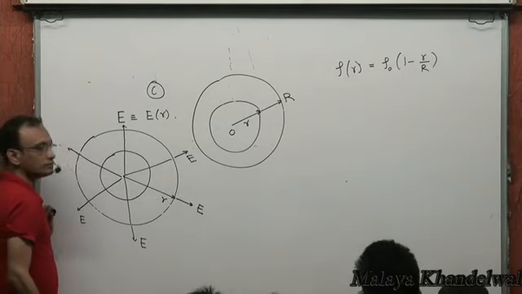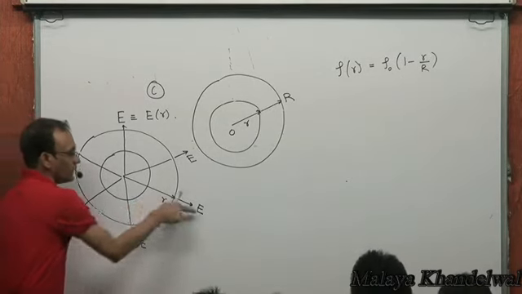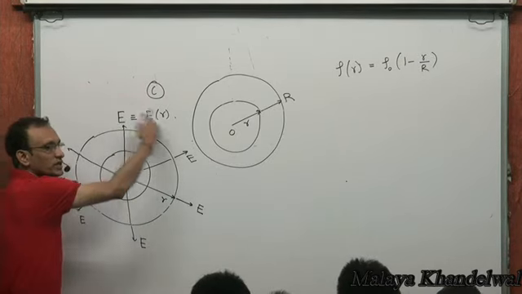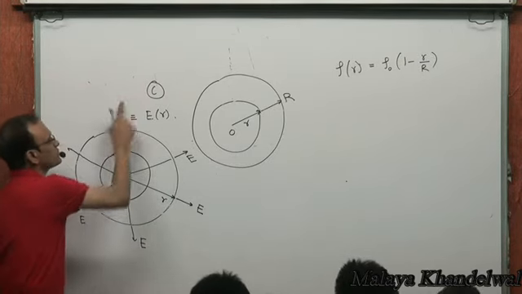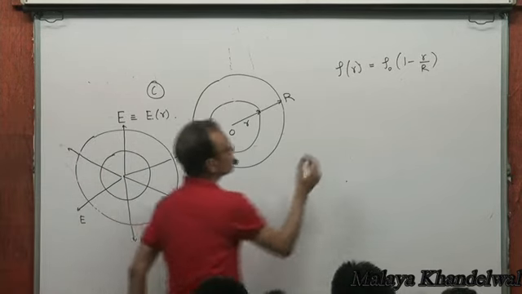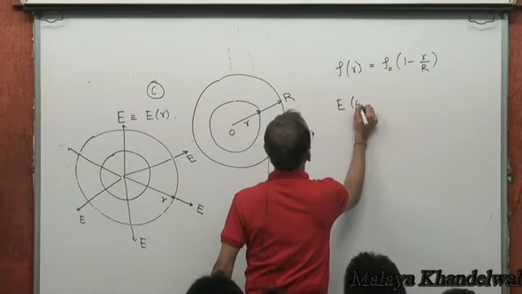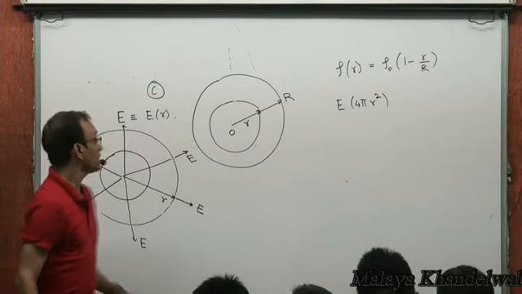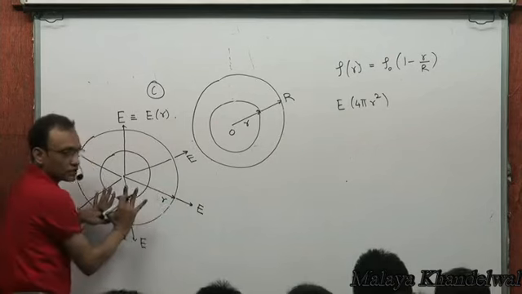Right? E and the normals are in the same direction. So the total flux through this is going to be E into 4 pi r squared. This is out of symmetry, right? So E into 4 pi r squared is the flux passing through the surface, and that must be equal to total charge enclosed by epsilon naught.